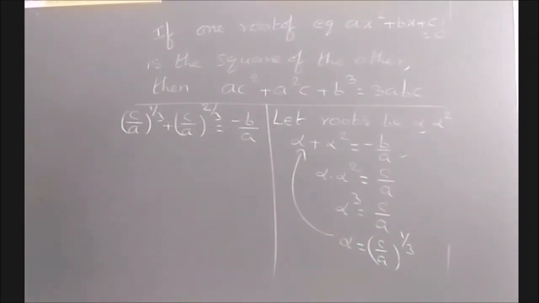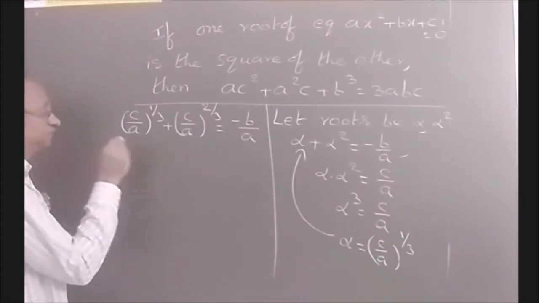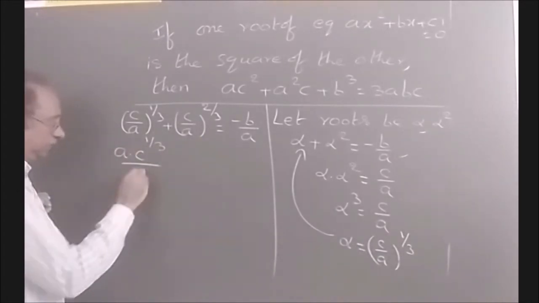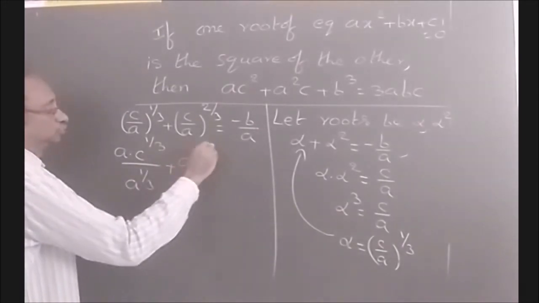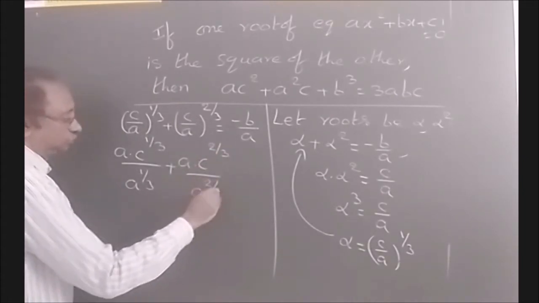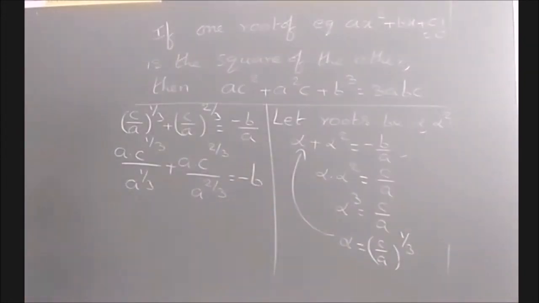So this is nothing but algebra. Multiply with a. So a into c power 1 by 3 by a power 1 by 3 plus a into c power 2 by 3 by a power 2 by 3 is equal to minus b. So we multiply with a. What is the next one?